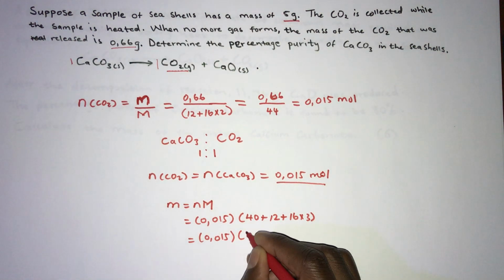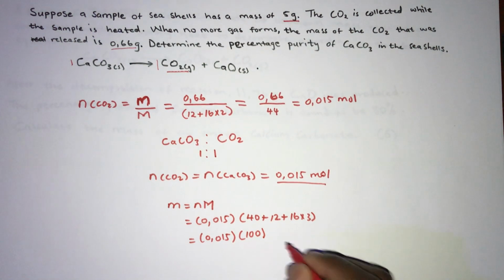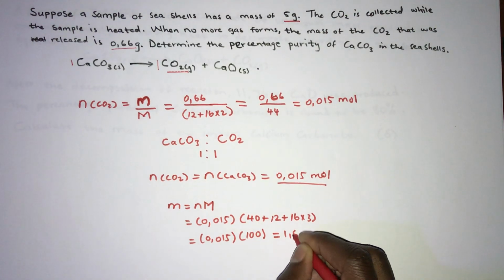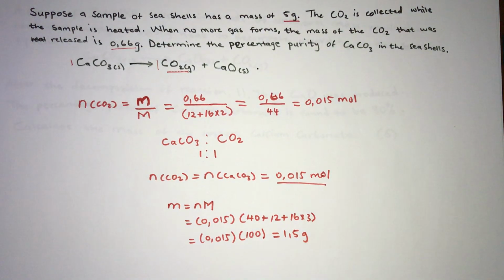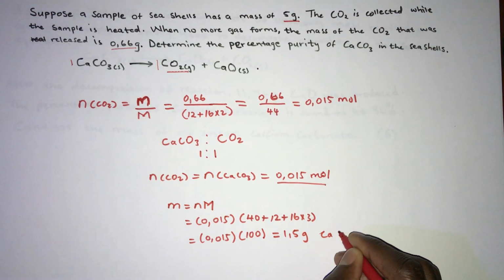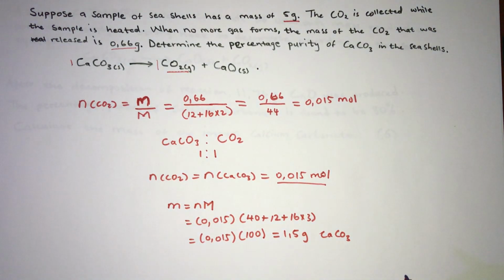So the molar mass is 100, and when we multiply 0.015 by 100, it gives us 1.5 grams of calcium carbonate.